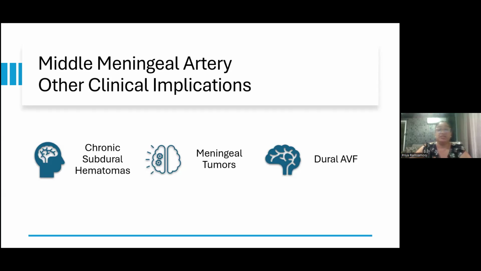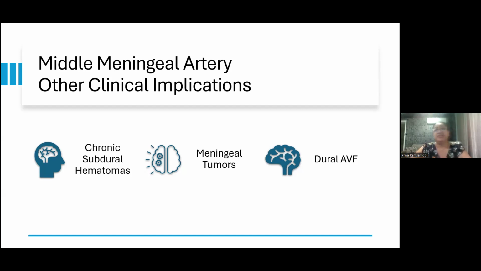In particular, in a study, Link et al. proposed that for the management of recurrent chronic subdural hematomas, you can do endovascular MMA embolization. And what they found in their paper published in Open Neurosurgery in 2018 is that the recurrence rate was similar to surgical evacuation, but you had a less invasive procedure.